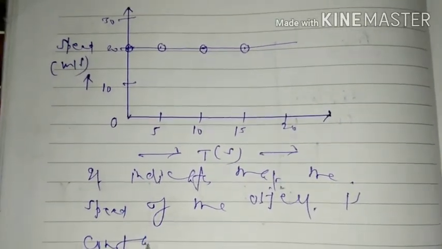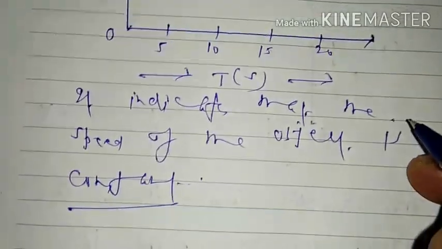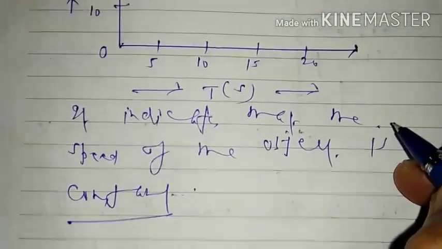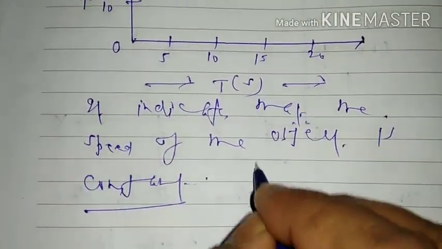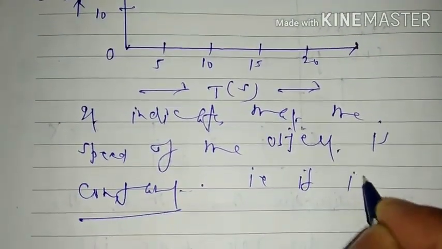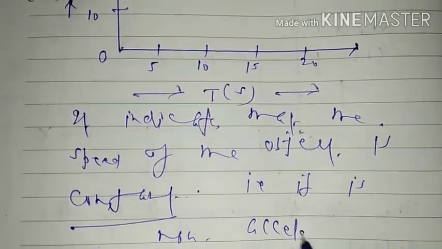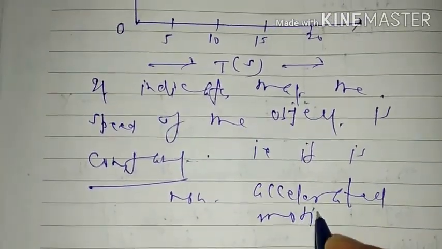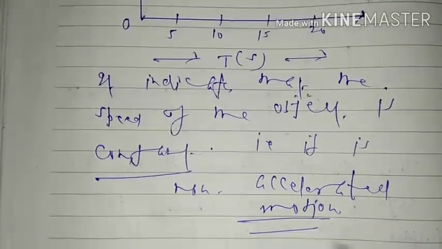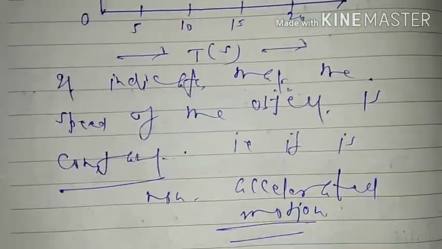That is, it is non-accelerated motion. Here acceleration is 0. The rate of change of velocity is 0 because here velocity does not change.